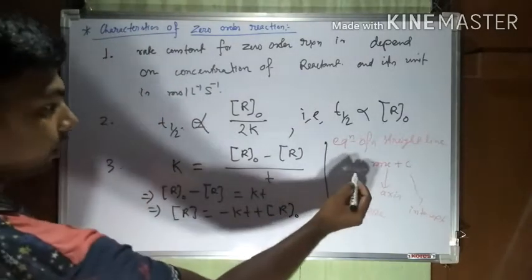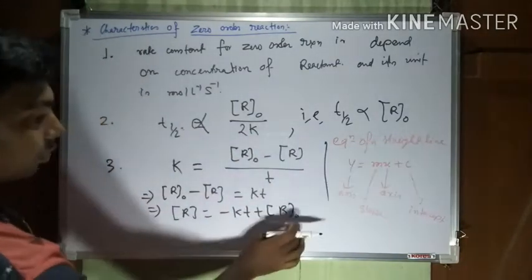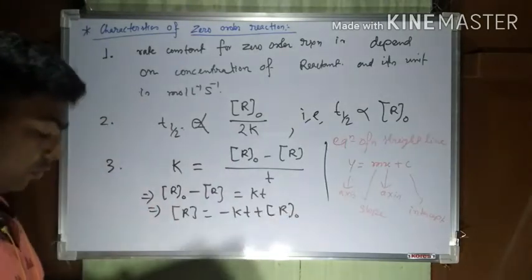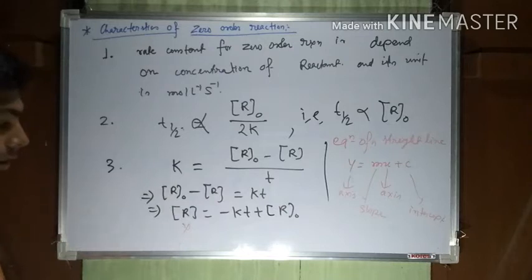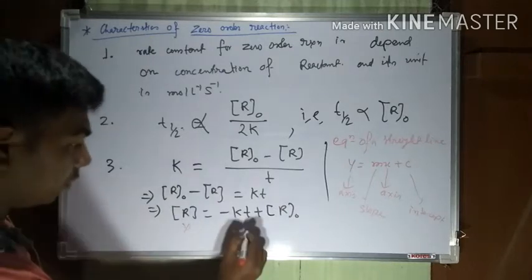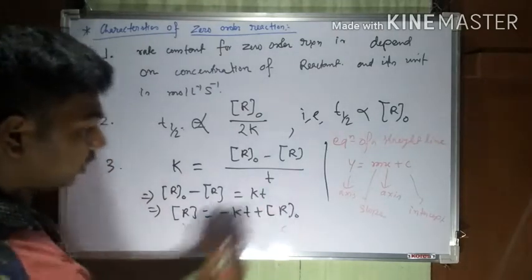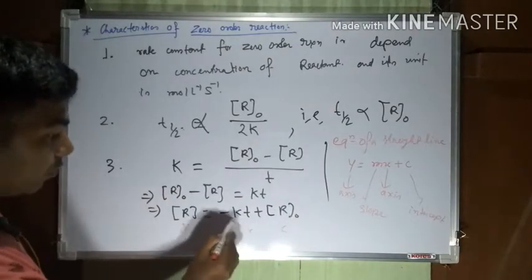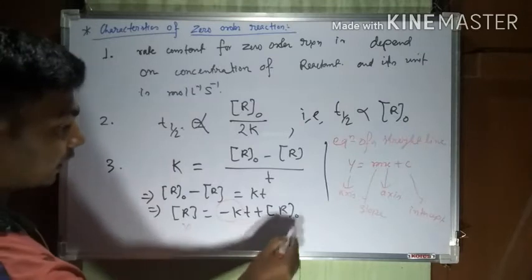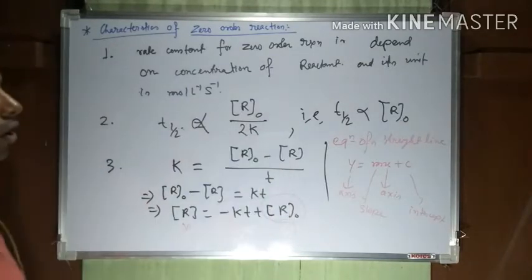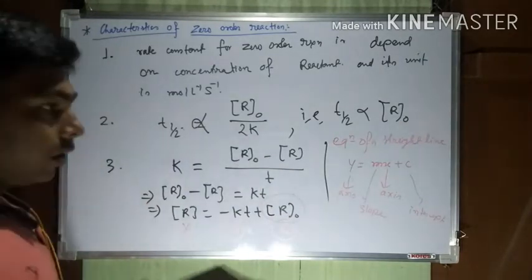Now, if we compare this with y equal to mx plus c, therefore this one equals y, this one equals m, this one equals x, and this one equals c. That means m is equal to minus k, x is the t, and the intercept c is R naught.